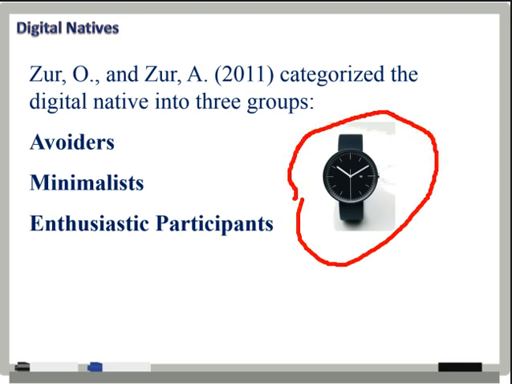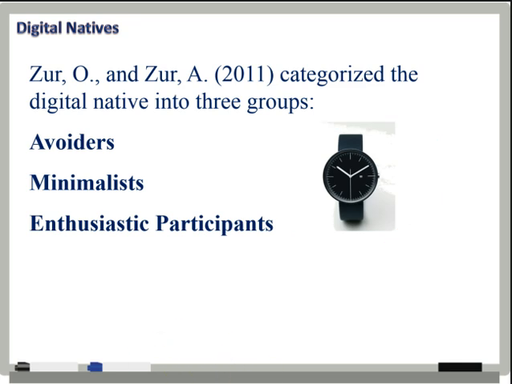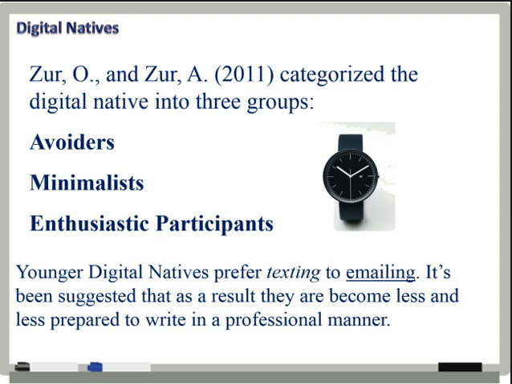Well, for the digital native, the traditional wristwatch is kind of passé. It only does one thing: it tells time. For everybody else, that's what the wristwatch is supposed to do. As a result, the digital native might be looking at the content of their writing and missing the mechanics of the writing, because they don't see that as critical or important.